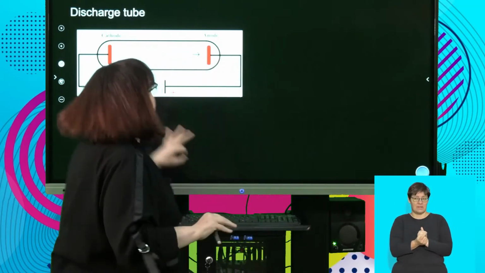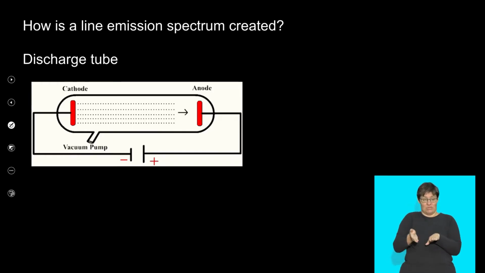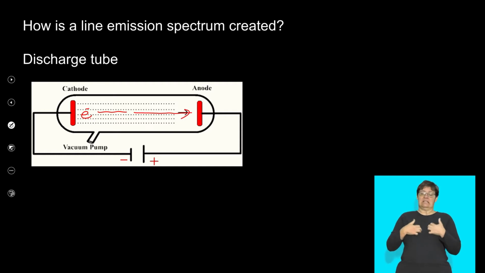And what happens is by putting a current, so we've got a cathode and anode, so we allow current to move, and the electrons move from one side to the other. And in fact, the electrons go towards the anode. By moving those electrons, we're giving energy to this gas, and we're exciting the electrons in there. This is giving them electrical energy.